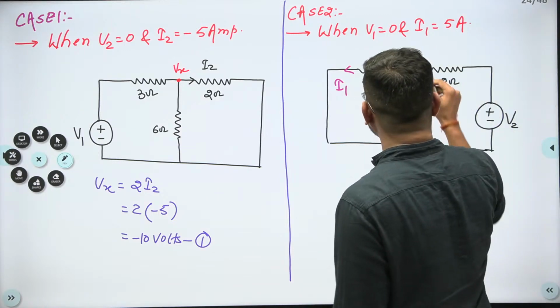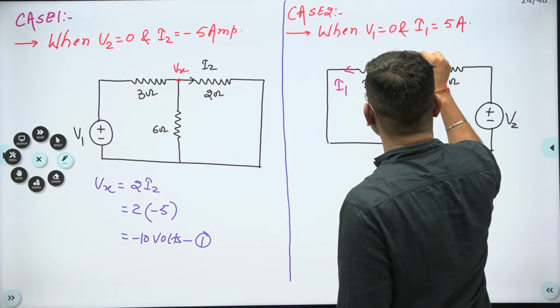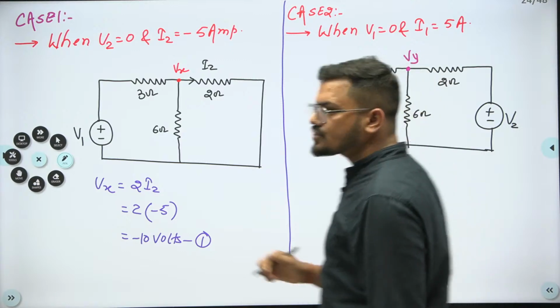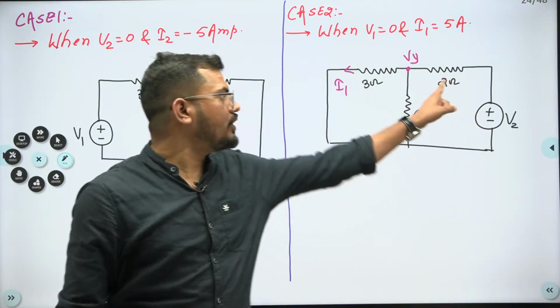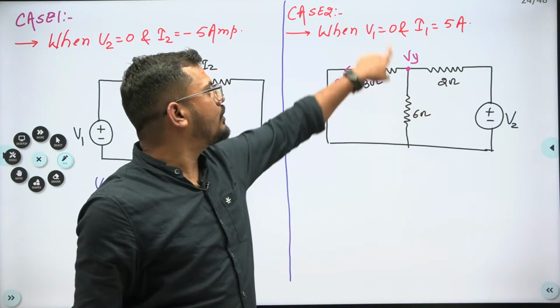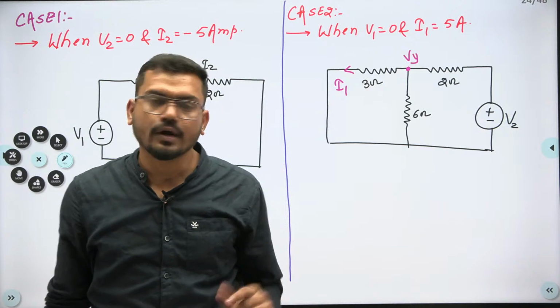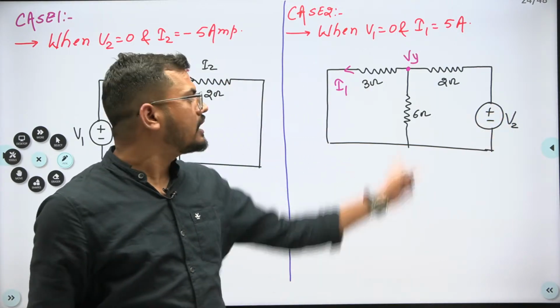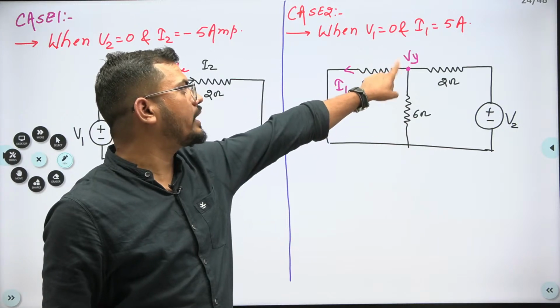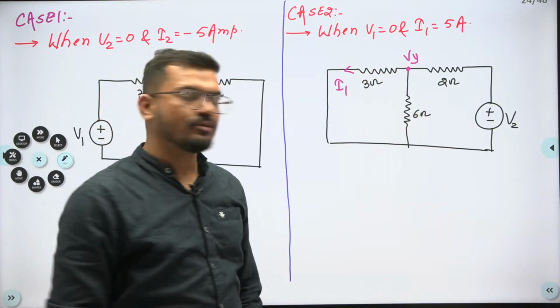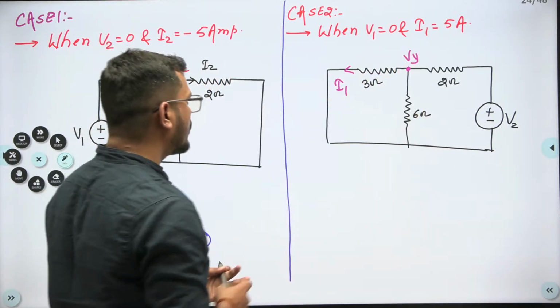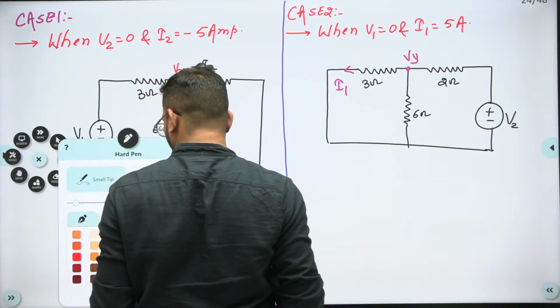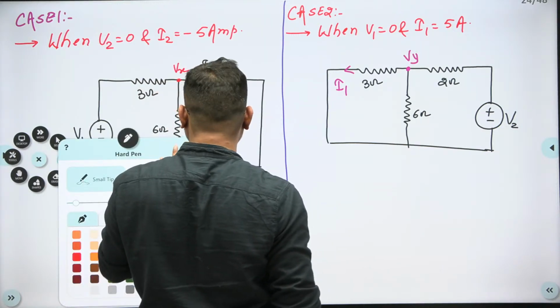I am assuming this voltage is Vy, when V1 is set to 0, or we can say when V2 is acting alone, then this node voltage will be Vy. Is it possible to find the value of Vy?